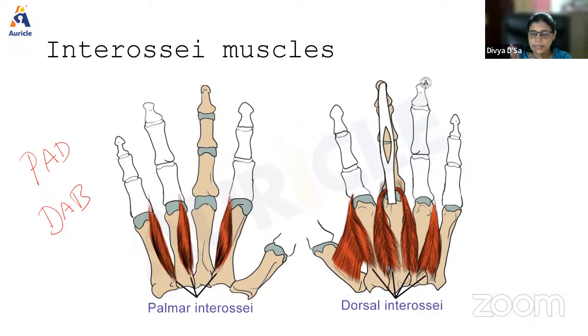The second and third get inserted on either side, lateral and medial, of the middle finger, whereas the fourth gets inserted onto the medial side of the base of the proximal phalanx.